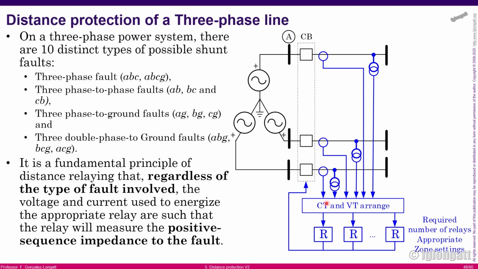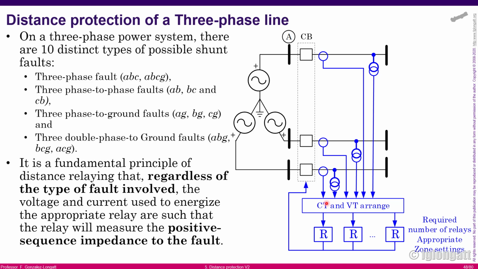The signals coming from those transformers must be arranged, and then we will supply those voltage and current signals to the relays, the number of relays that we need in order to appropriately identify the faults, the 10 different faults, okay?